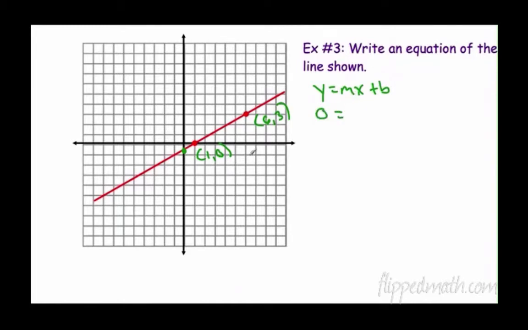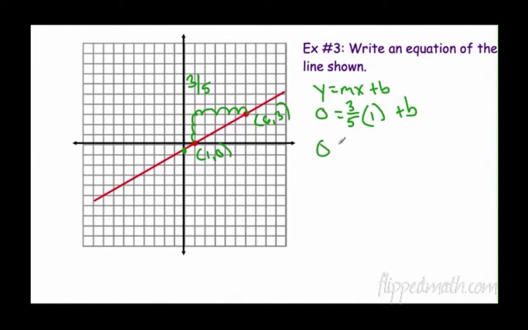My m, I could use the formula, or I can just look on my graph. What's my change in y? I go up 3. What's my change in x? 1, 2, 3, 4, 5. Over 5. So my slope is 3/5. So 3/5 times, what's x? x is 1, plus b.